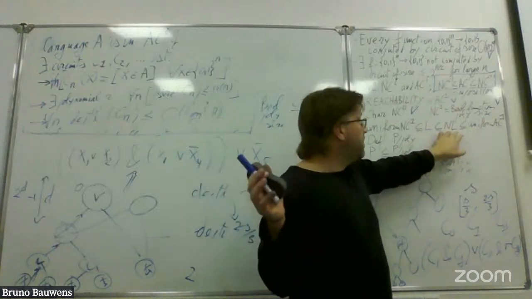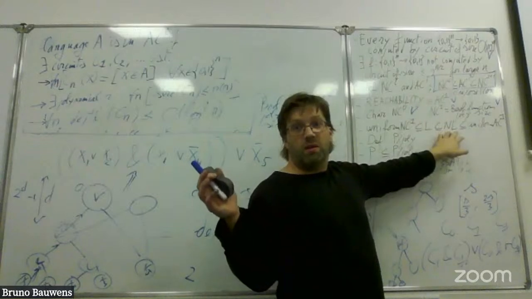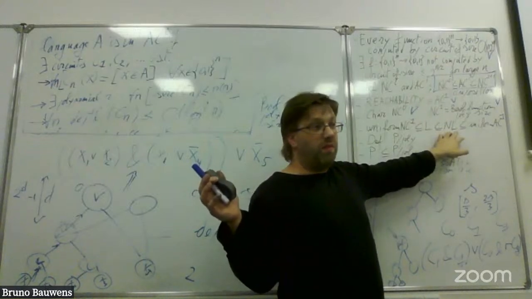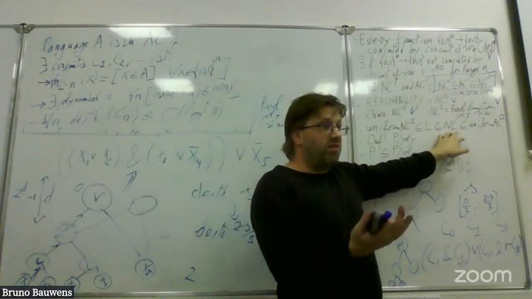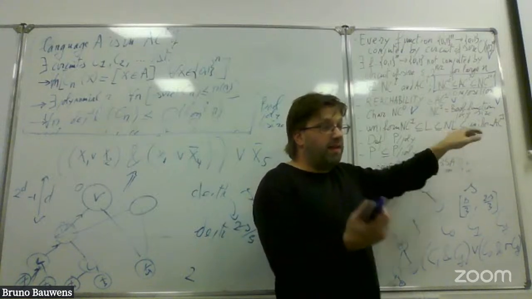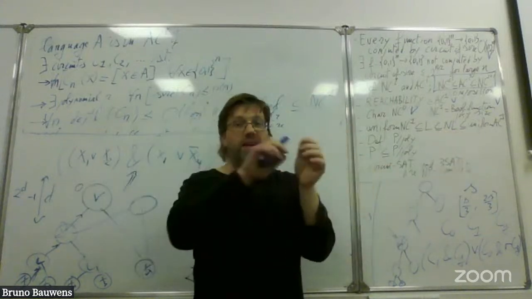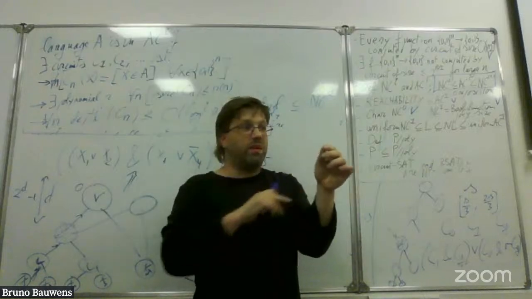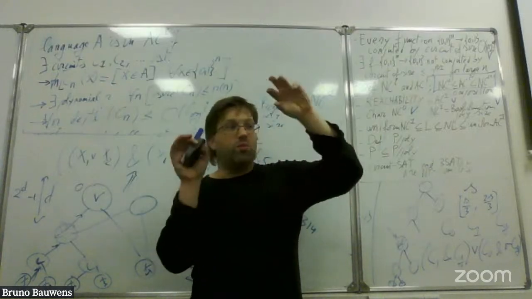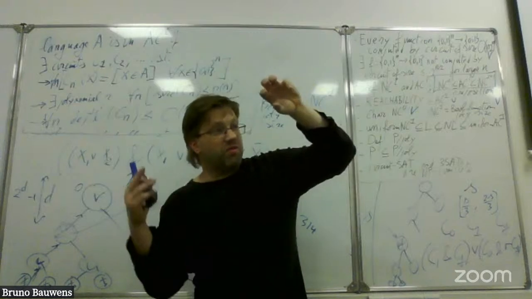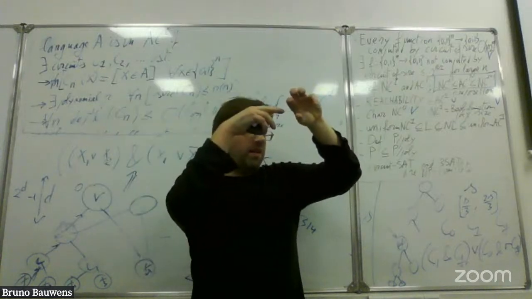So here we have a non-deterministic log space Turing machine. We need to think how many configurations there are, and then look at the directed graph consisting of all configurations. And we connect two configurations if the machine goes from one to the other in one step.